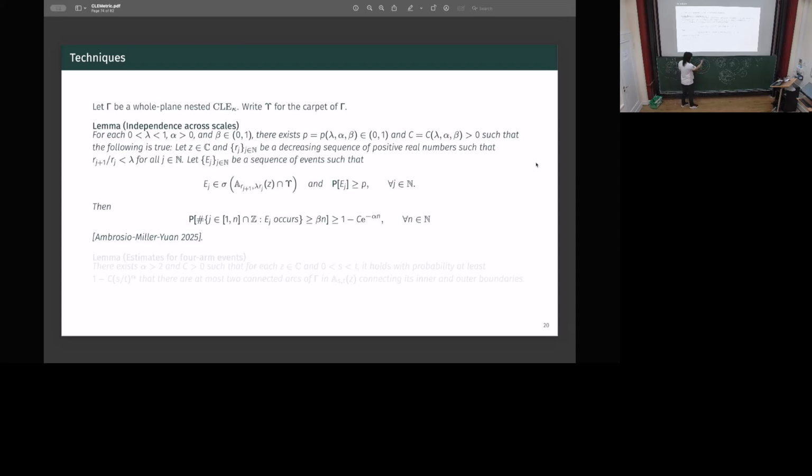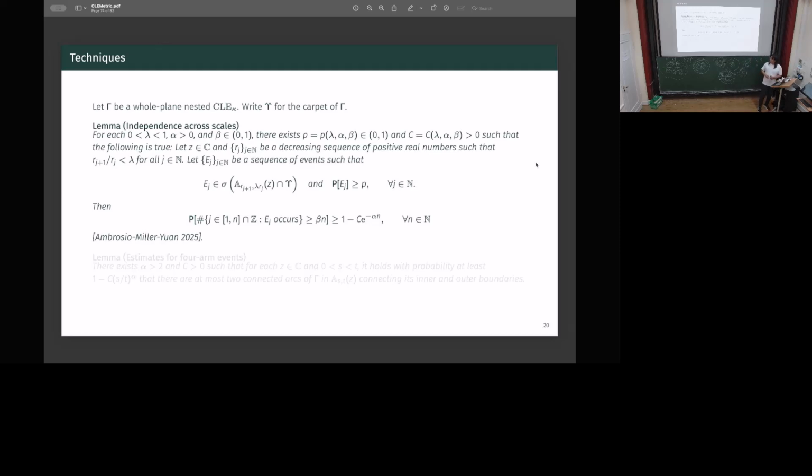And if you know that each event has probability big enough, then this lemma roughly says that we will have a lot of annuli for which the corresponding event actually happens. So for example, you can imagine if the configurations inside these annuli are actually independent, then this should be true. They are not independent, but we have some near independence.